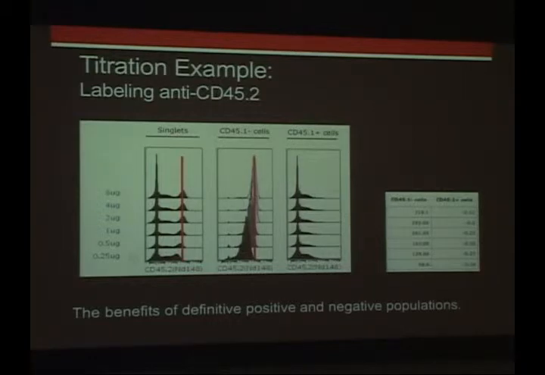And what I'll point out here is, depending on what's critical to you, if you're not really so interested in the biology of the phosphatase, you more just want to gate your cells, you can get away with using a pretty low concentration of antibody. So you don't always have to use a saturating concentration for phenotypic markers, as I'm sure you all know. So for instance, here I would say 130 counts per cell, as you see, for half a microgram per mil is probably perfectly sufficient to separate my 45.1s from my 45.2s. But it's really, really convenient to have very clean biological positive and negative control populations.